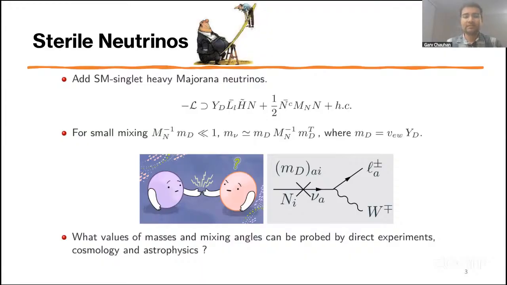Assuming that these neutrinos are heavy with respect to the vacuum expectation value of the Higgs, which is 246 GeV, and with Y_D the Yukawa couplings for the Dirac mass matrix of the neutrinos, the light neutrino mass matrix can be written in this form. So the lightness of the active neutrino masses can be explained by the suppression that comes from the sterile states being very heavy.